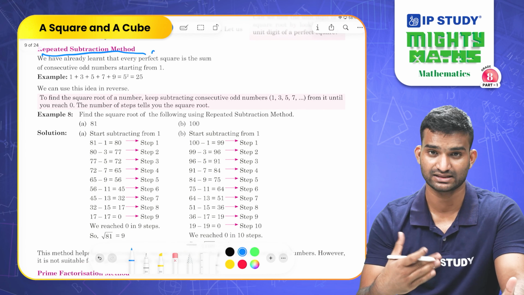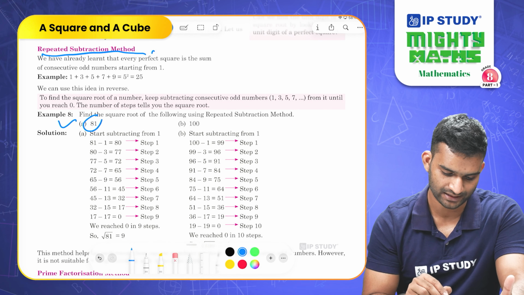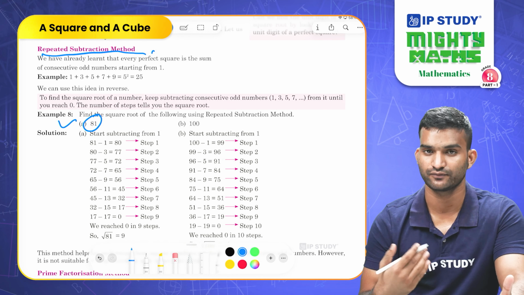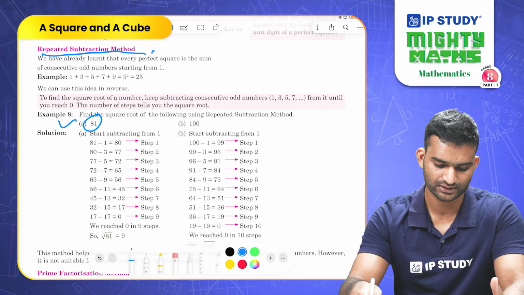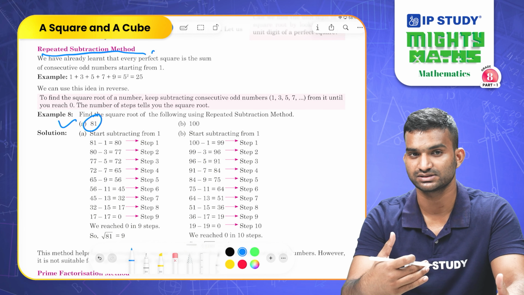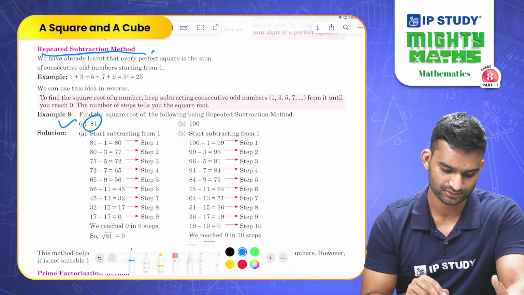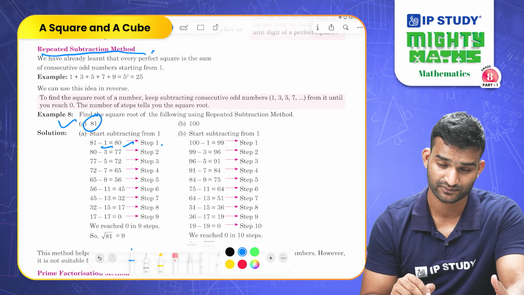So let's understand this concept using an example. We have the number 81. We need to find the square root of 81. We keep on subtracting odd integers until we reach 0. Firstly, we start with 1. So 81 minus 1 will be 80. That is our first step.